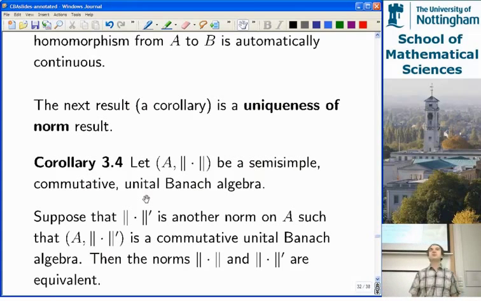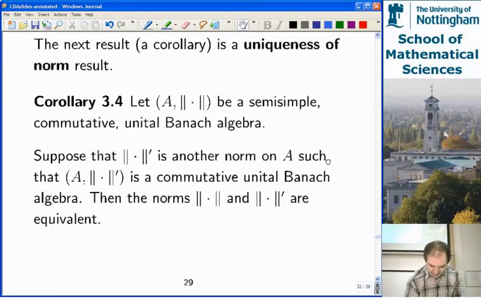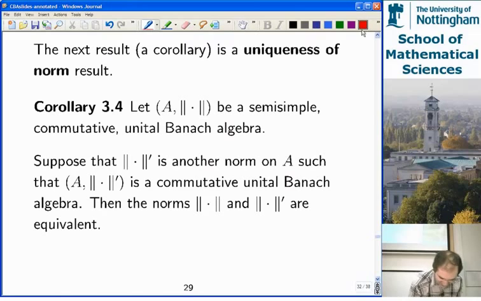So if you've got a commutative unital semi-simple algebra, it's always got at most one Banach algebra norm on it, up to equivalence of norms. So you can think of this as uniqueness of Banach algebra topology.